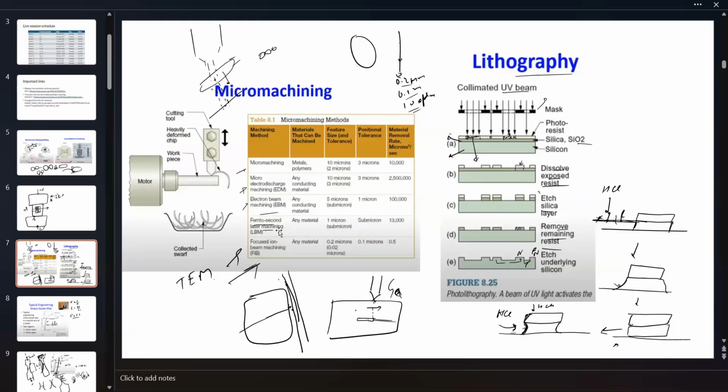Femtosecond laser machining, again, you have laser pulses in the femtosecond range. You can get to even lower tolerances. And you have focused ion beams, where you have high energy ions which are bombarded on the surface, which does the machining, cutting the piece.